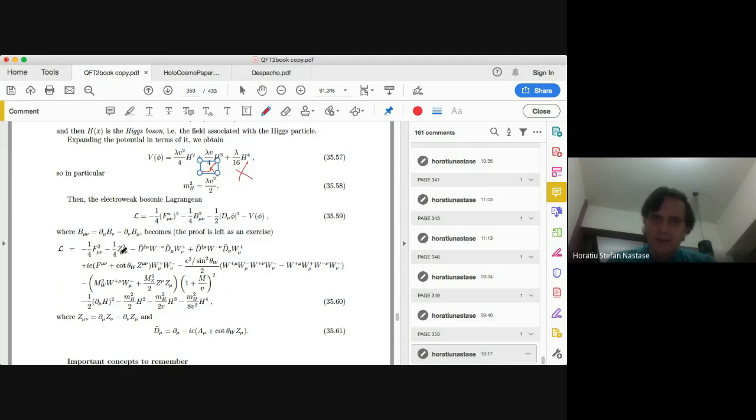The massive field is -1/4 Z mu nu squared, and then minus D tilde dagger mu W minus mu. So this is the massive W minus times D tilde mu.